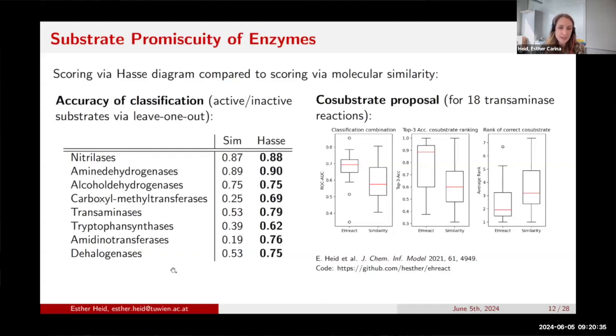And what we can see is that if we try to classify whether an enzyme interacts with a substrate, and we do that with similarity, and similarity is what a lot of the more simple retrosynthesis algorithms actually use, it works well for some assays, and it works terribly for others. And it is especially those that are very selective where similarity approaches fail.